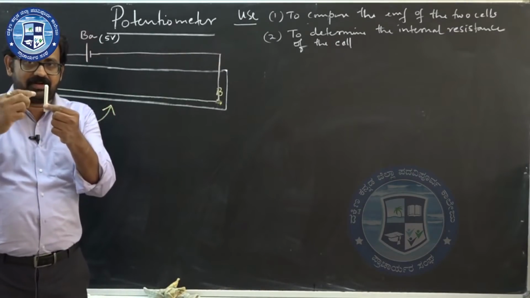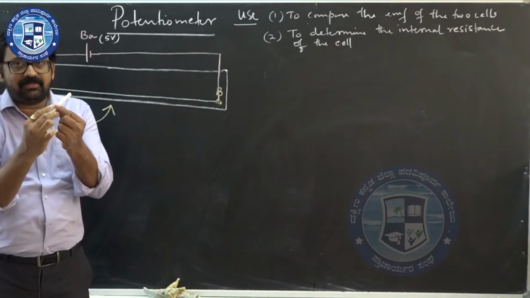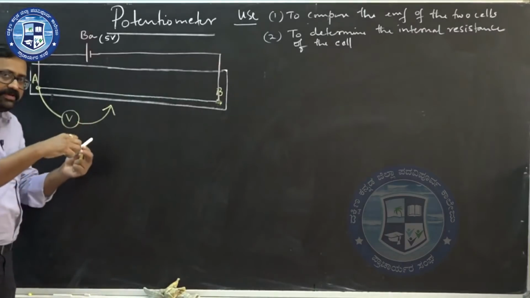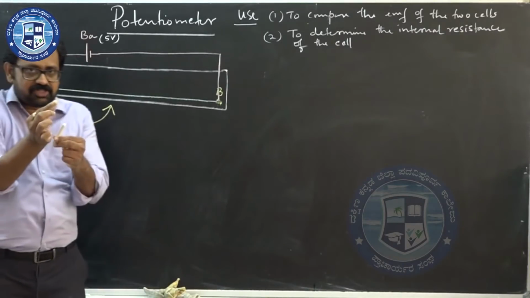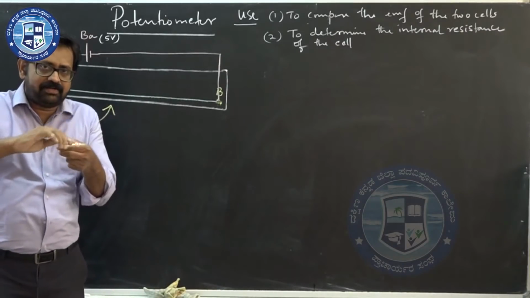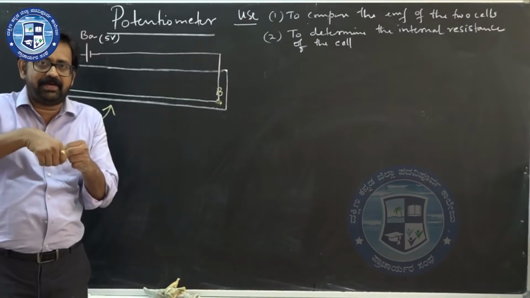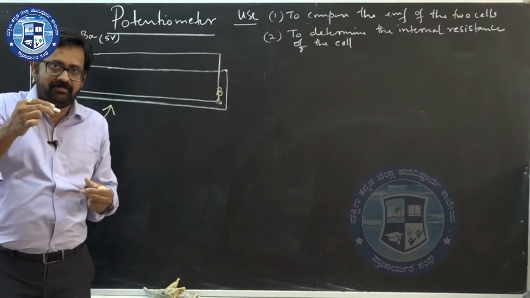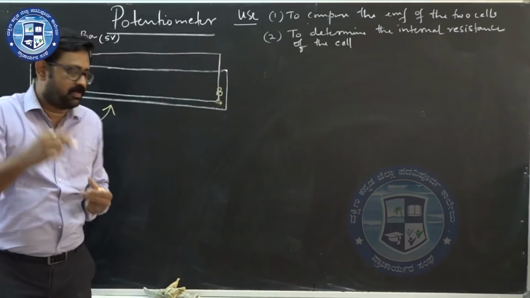One end has a terminal where I can slightly open the terminal and fix this copper wire and tighten it. The other end is a sharp end, and the entire metal contact is covered by an insulator so that you can handle it properly without getting any shock. Okay.